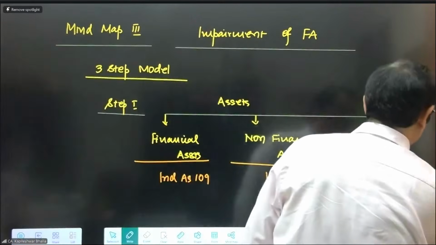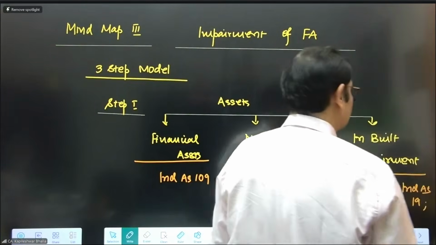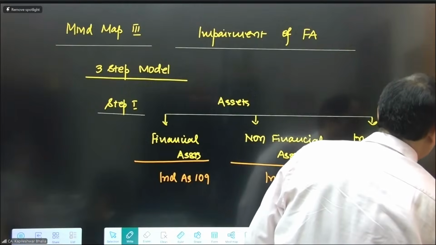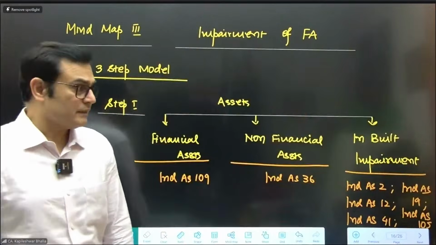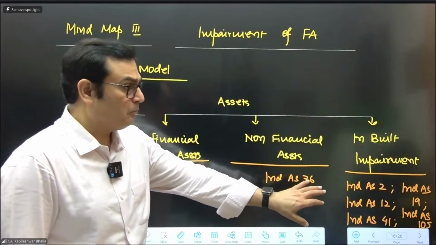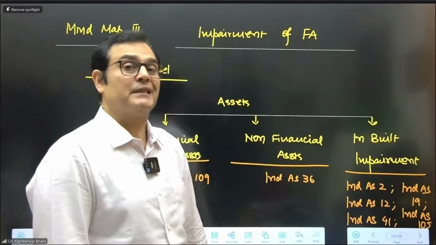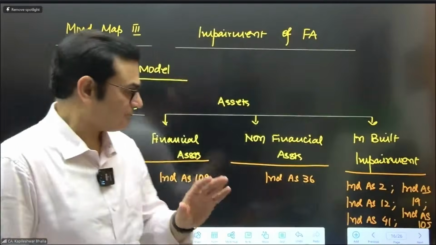Like for example, the bearer plant assets, which are covered under Ind AS 16. Like for example, non-current assets held for sale, they're also taken at a net fair value. So these are certain assets like inventory, DTA, biological assets other than bearer plants, NCA held for sale, where impairment testing is not conducted.